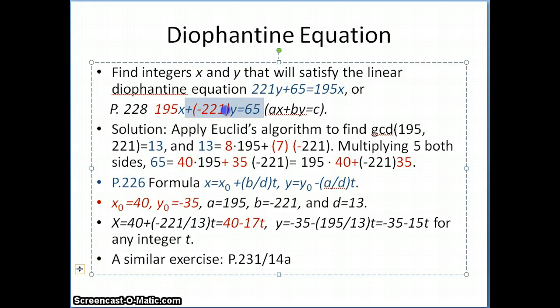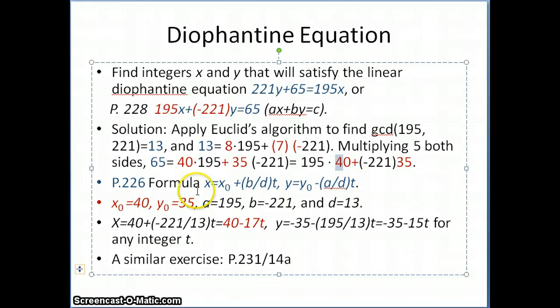So the numbers 40 and 35 fit the original problem, which means 40 and 35 are one particular solution of the original equation. That's how we get x0 is 40, y0 is positive 35, just by comparing the expression we get from Euclid's algorithm and the original problem.